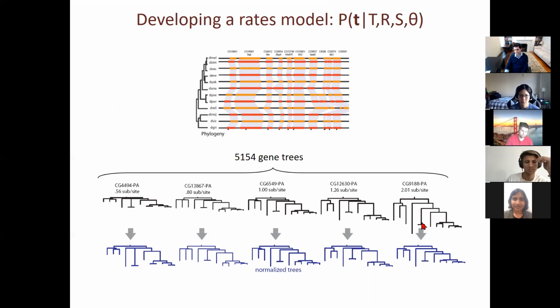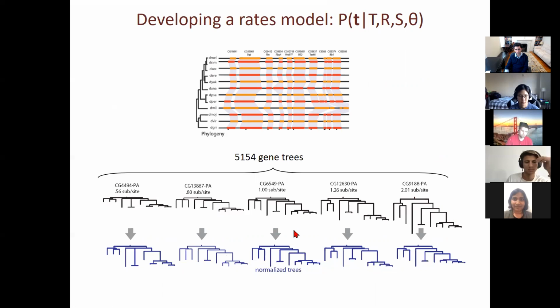And what you see is that if you study this particular gene here, you see very long branches throughout the tree. If you study this gene here, you see very short branches throughout the tree. So that suggests that perhaps there's a possibility of normalizing all of the trees together, and a scaling factor through which this normalized tree would be scaled with either a slow evolving gene or a fast evolving gene.